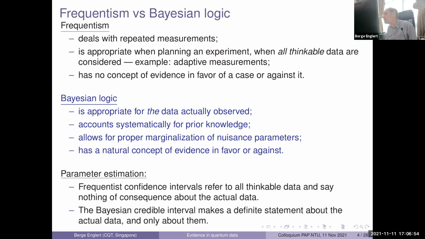If you have a conflict between the data and the prior, there is no recipe of how to resolve the conflict, because it depends on the situation. It just tells you that you have to be careful in evaluating the data. Of course, you can also just have statistical outliers.